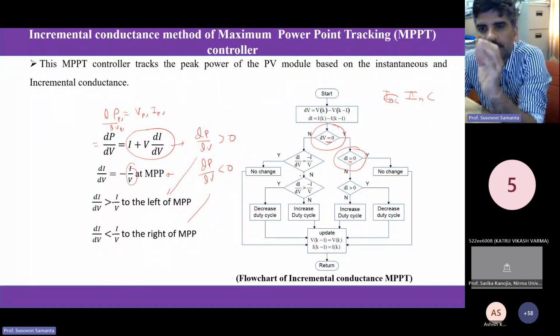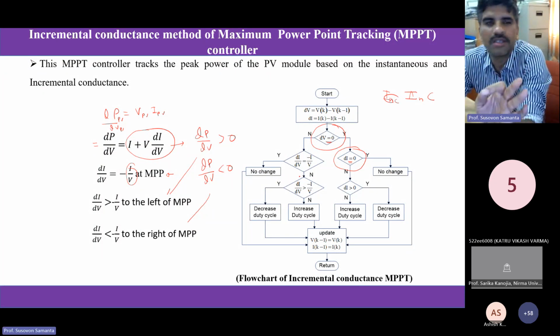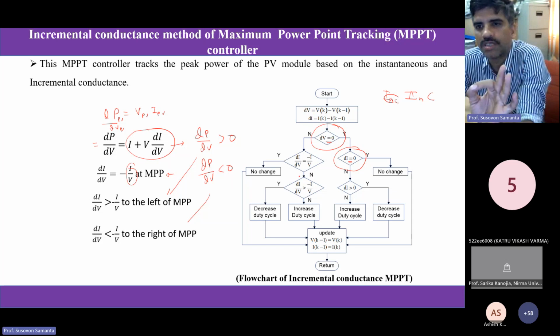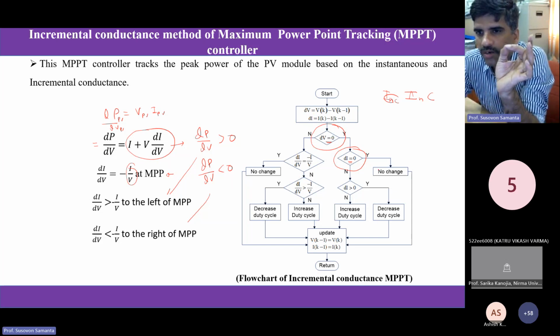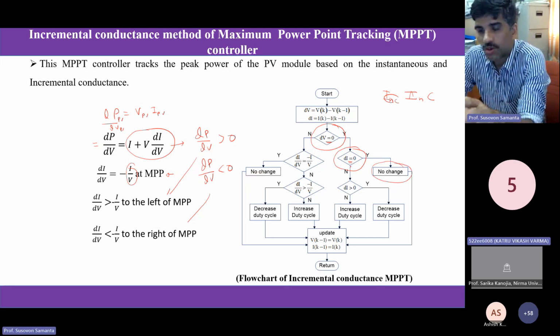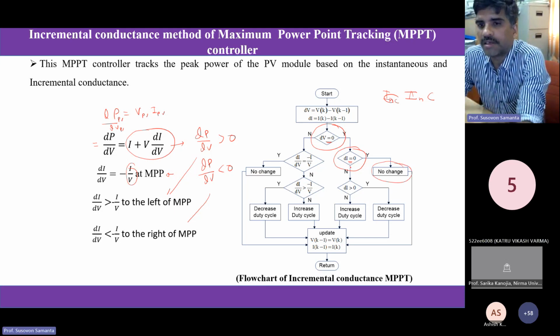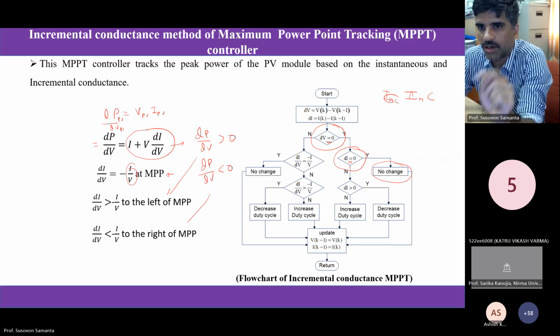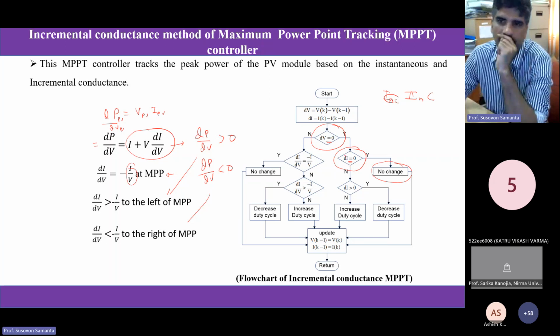That means you are reaching the steady state, because there is no change in panel voltage and no change in current. So we are not changing the duty ratio. So it is claimed in the literature that in the INC algorithm there is no steady state oscillation because of these two checking conditions.